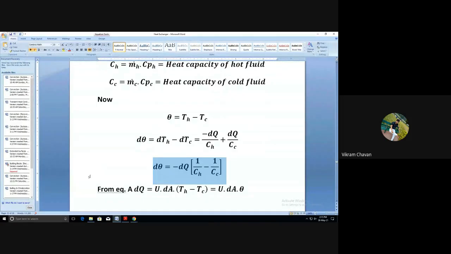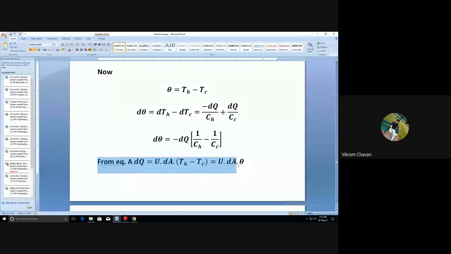So from equation A, we know that dQ is nothing but U multiplied by dA multiplied by Th minus Tc, which is equal to U multiplied by dA multiplied by theta.